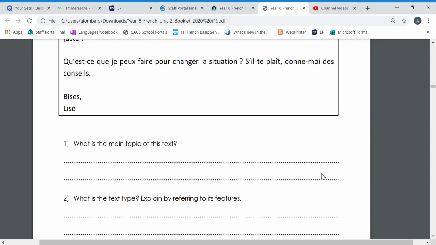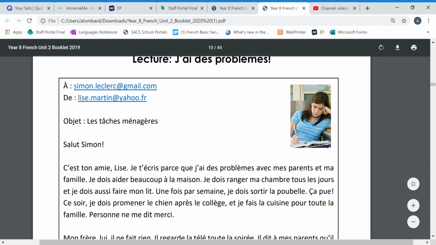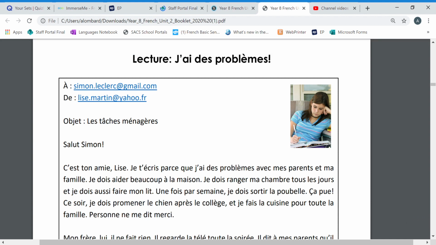So there you go. Here are again a few conventions of our email text type. So we have the a and the de, which are the email addresses of the sender and the recipient. We have the subject. We have the greeting and the name of the recipient.